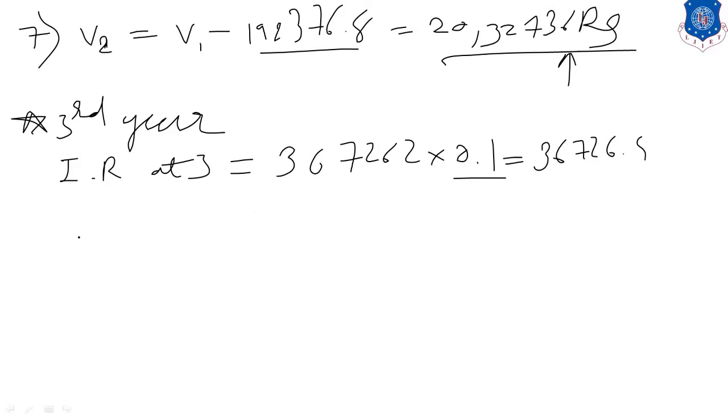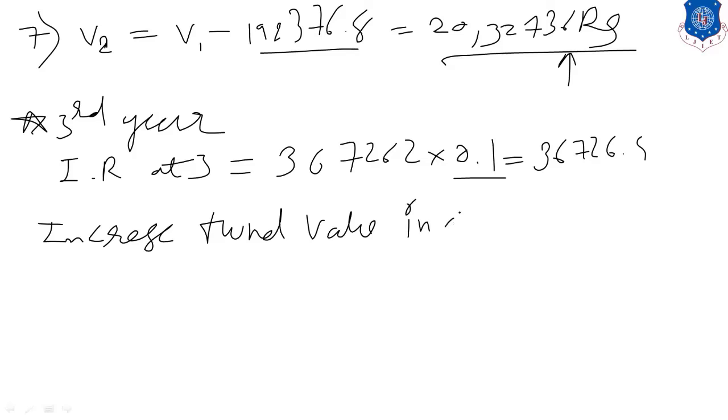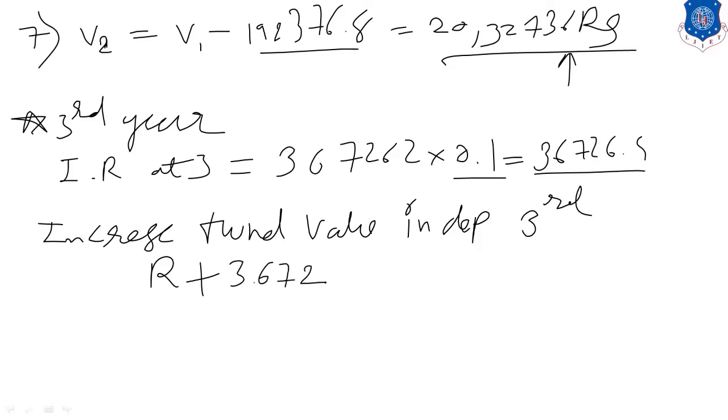So let's find the increased fund value in depreciation for the third year. That can be given by the annual depreciation, which is R, plus this value, 36,726.4. By adding this value, we will get 2,11,614.